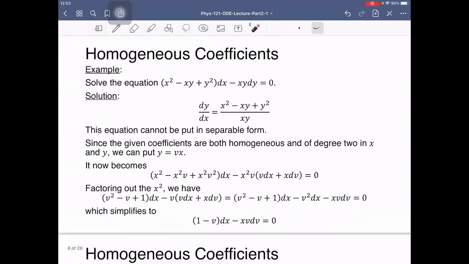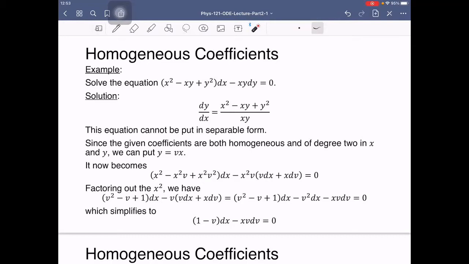So let's show some example. So solve the equation x squared minus xy plus y squared dx. So yung quantity yan, naka-multiply. Minus xy dy is equal to 0. So, pwede nating isulat ito based dun sa pinakita natin, no?